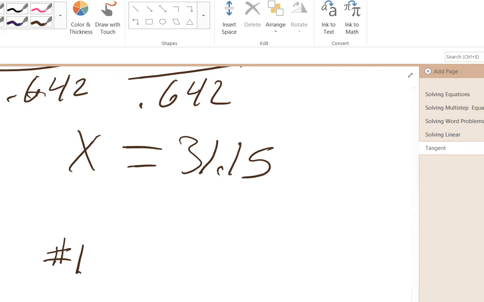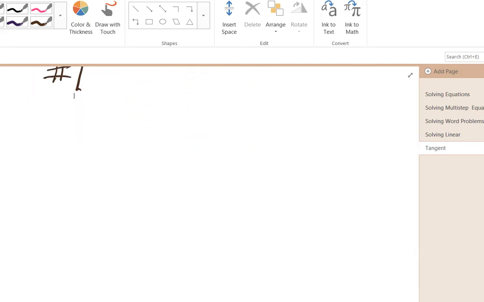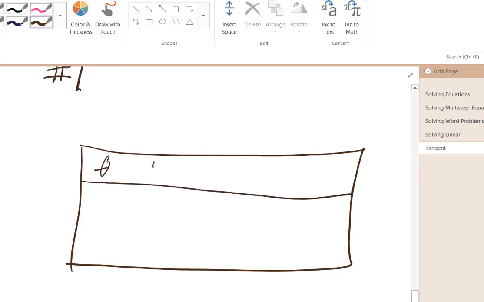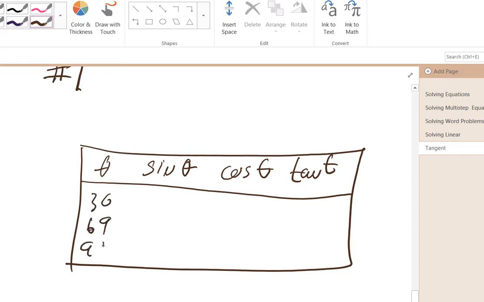Okay, I'm going to try to draw this little chart here. Like that. There's this. And then there's sine theta, cosine theta, tangent theta, 30, 60, 90.